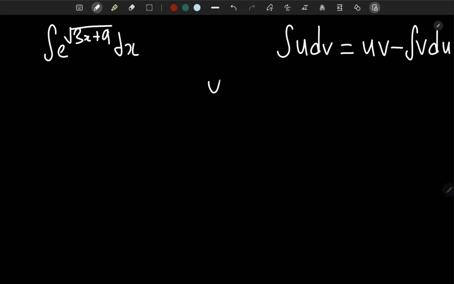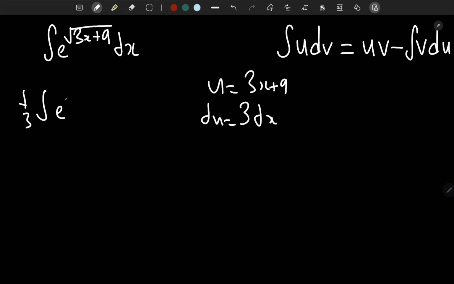So let's say we take u as 3x plus 9. This is just me trying. du will be equal to 3 dx, and that's it. So here we will have 1 over 3, e to the power of radical u du.